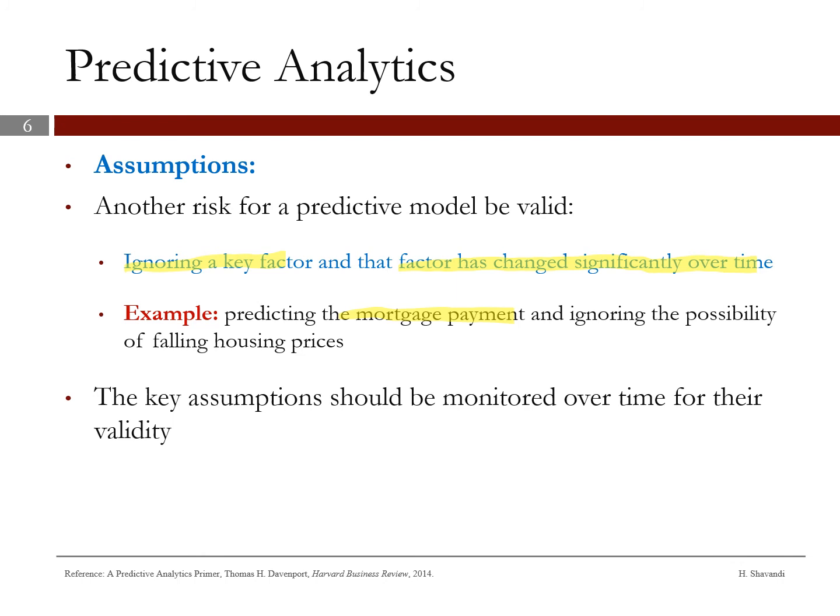But it is possible, right? It is possible, and if we ignore this factor, and if prices fall in future, then that predictive model wouldn't be valid anymore. So besides checking if the assumptions are valid, we should see if we have ignored a key factor in our model or not.